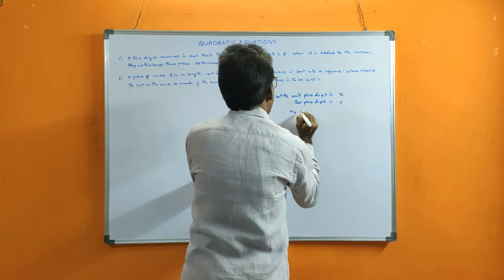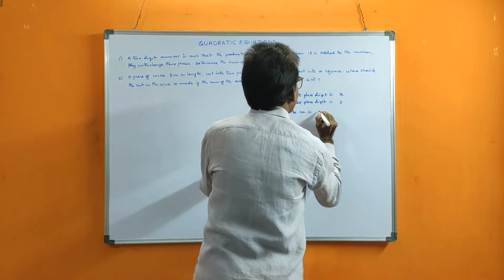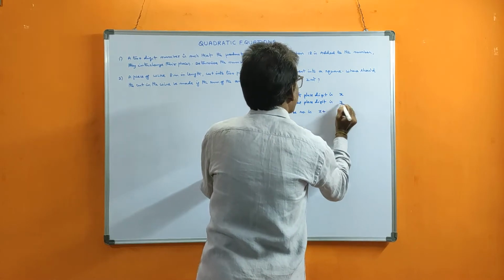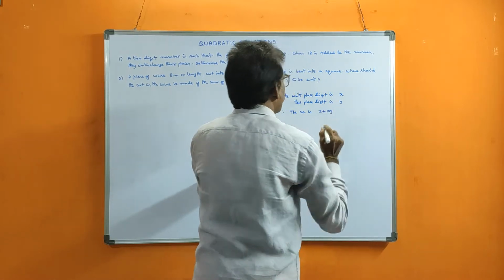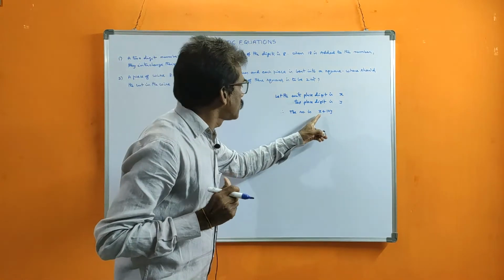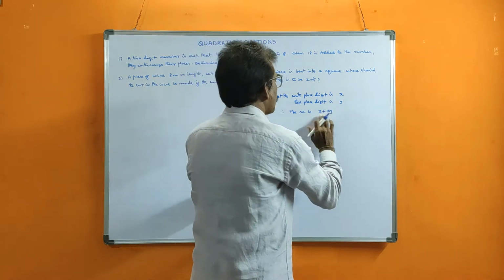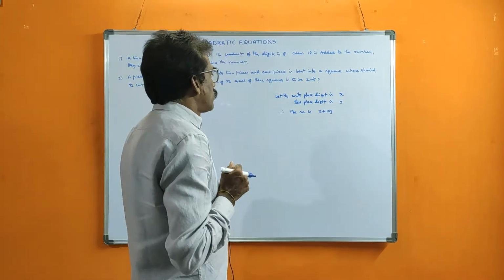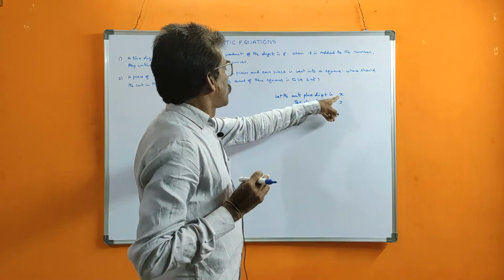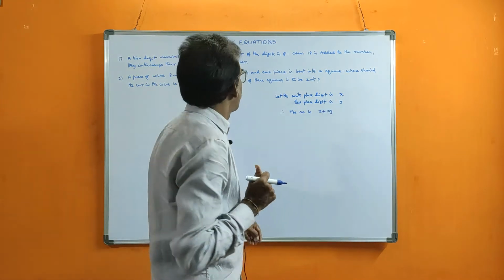Therefore, the number is units place x plus tens place 10y. This is the number. Whether you write 10y plus x or x plus 10y, no problem. The units place digit is x, the tens place digit is y, and that is the number.